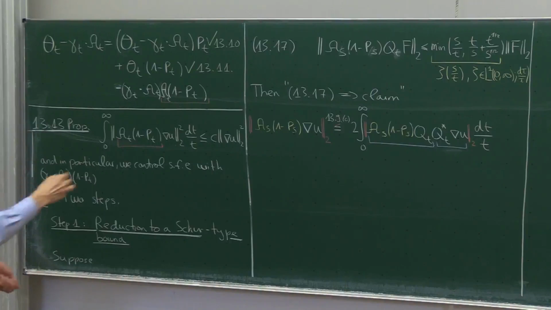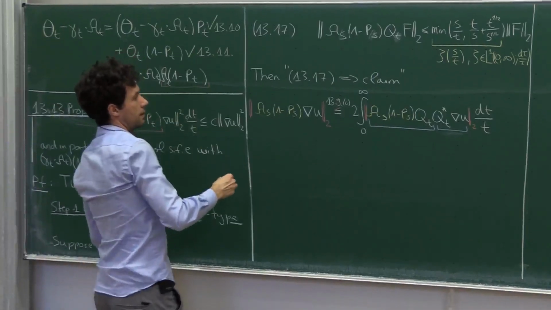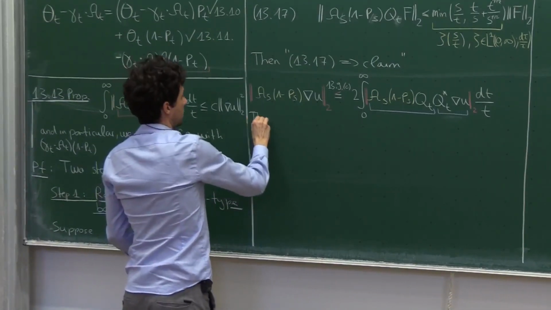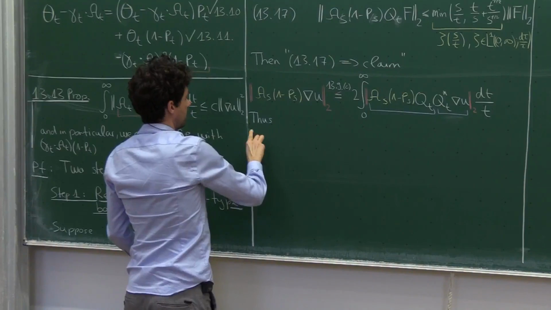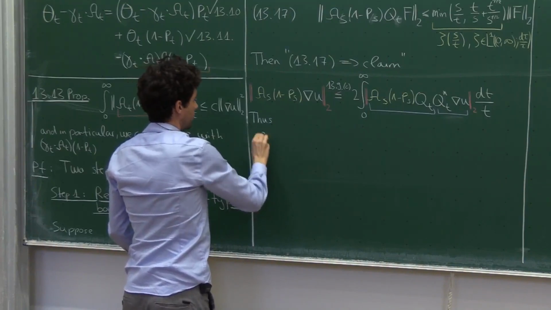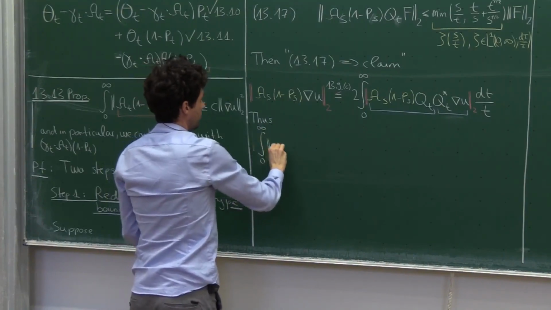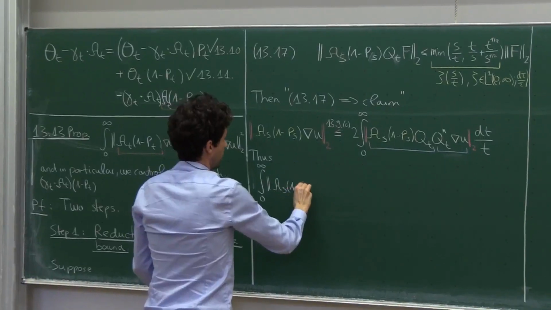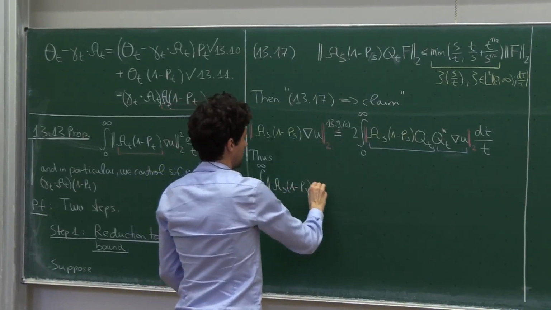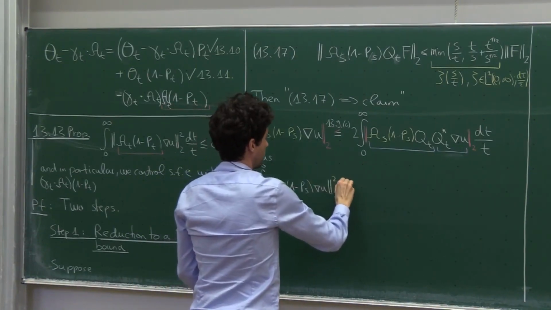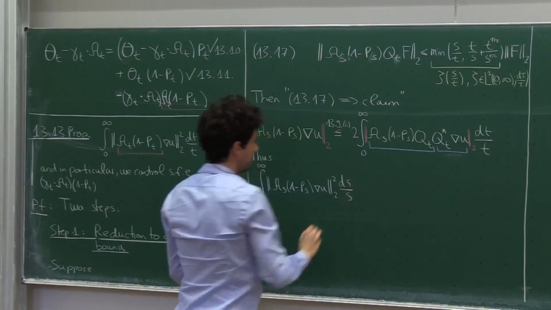So taking this into account, I just square the whole thing, and I get that the square function I want to bound is the one with 1 minus P_s grad of u, 2 norm squared, ds over s.